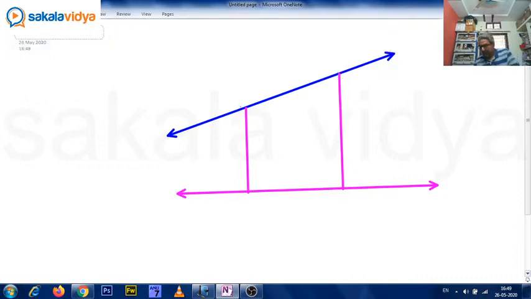Right. Suppose this is A point, this is B point. This is a line joining A point and B point. A coordinates are x1, y1, z1, whereas B coordinates are x2, y2, z2.